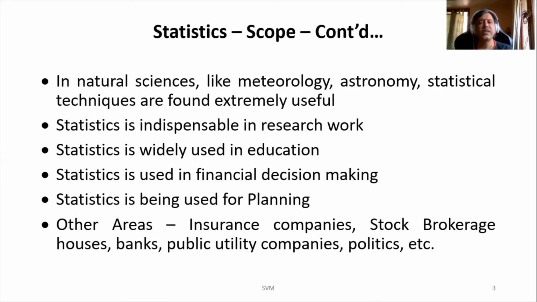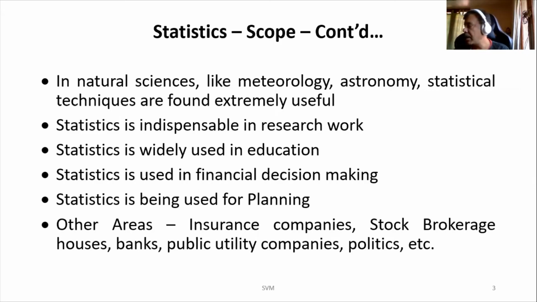Then in natural sciences like meteorology and astronomy, statistical techniques are found extremely useful. It is indispensable in research work that we had seen, widely used in education also, financial decision making. It is being used for planning also. Then companies like insurance companies and stock brokerage houses: if I want to analyze a share, we use the standard deviation to find out the fluctuation. We find the beta to find the relative risk.